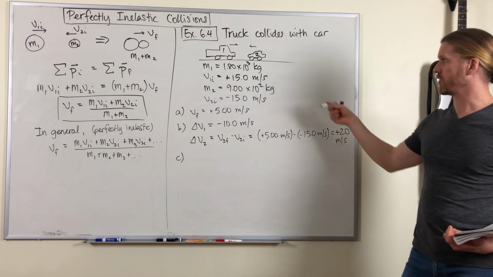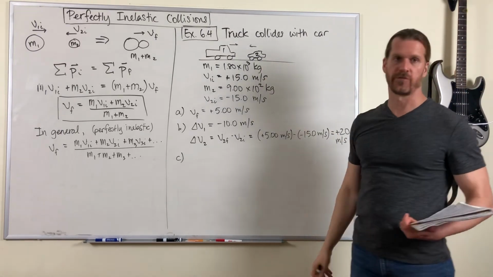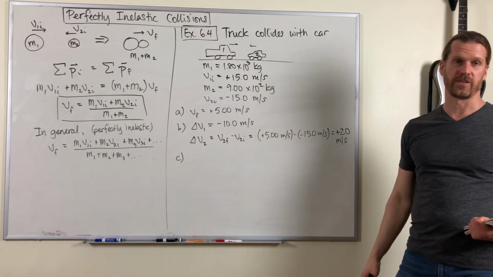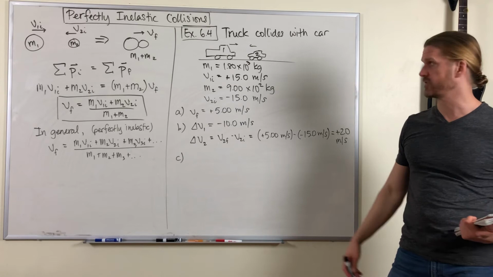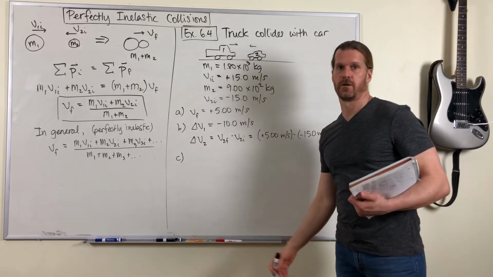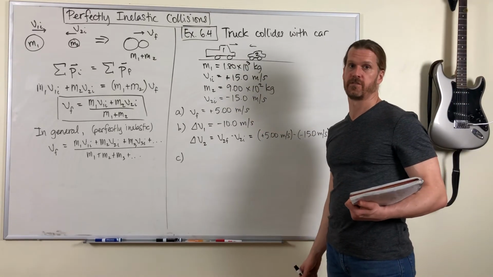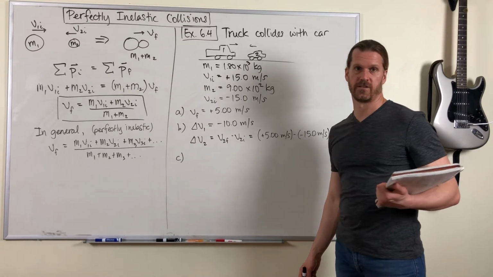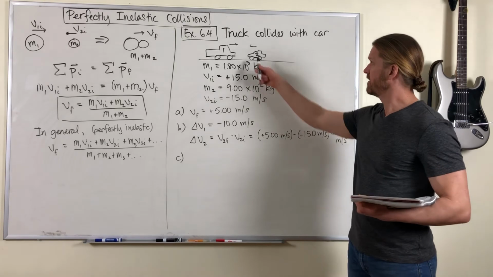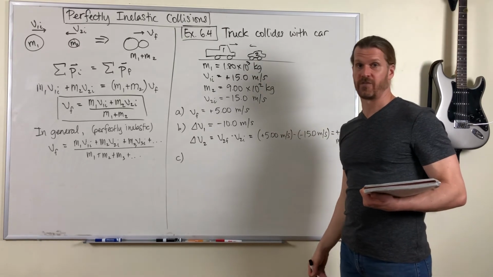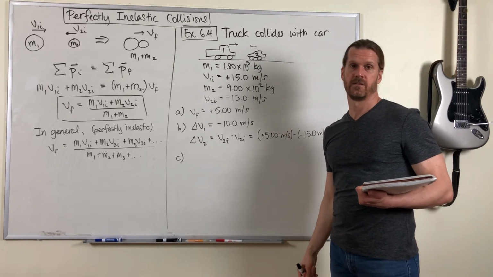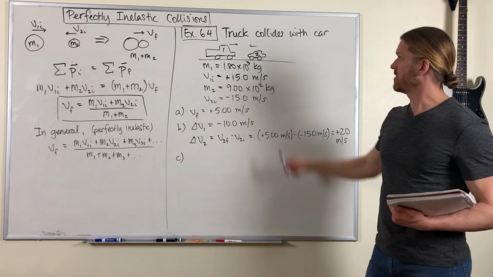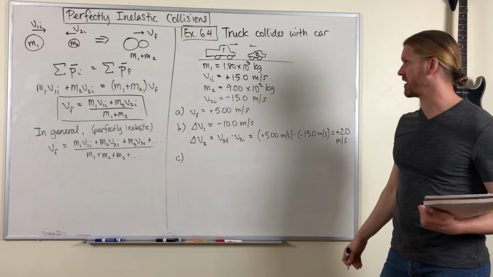It also means if you're a passenger in this car, you're experiencing twice the acceleration in this collision than a truck passenger would experience. So whatever damage or injury the riders are experiencing is probably going to be twice as bad in the car as in the truck. Unless the car has better seatbelts and airbags or something.